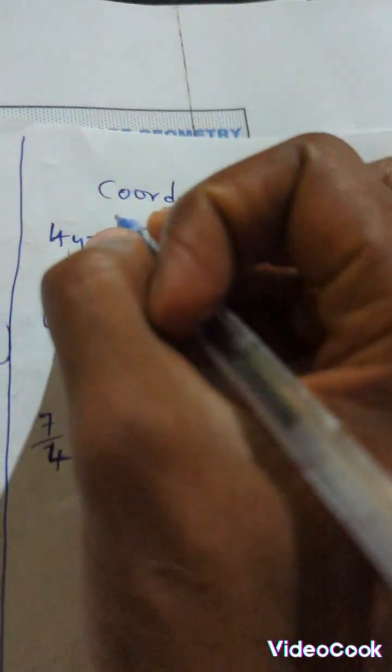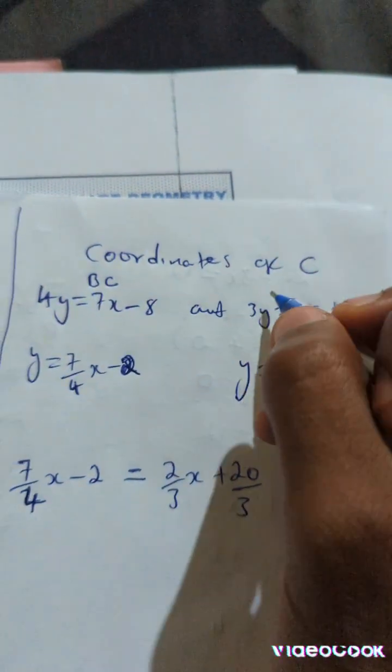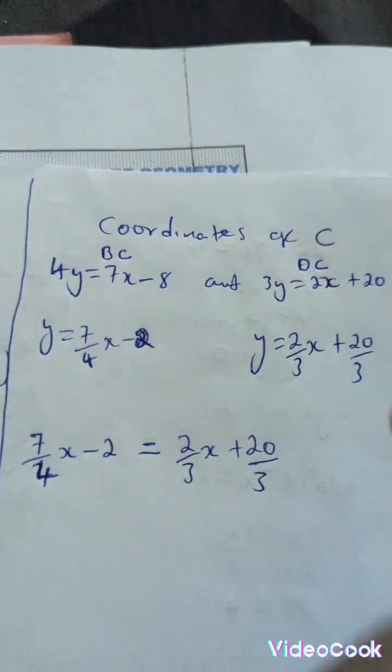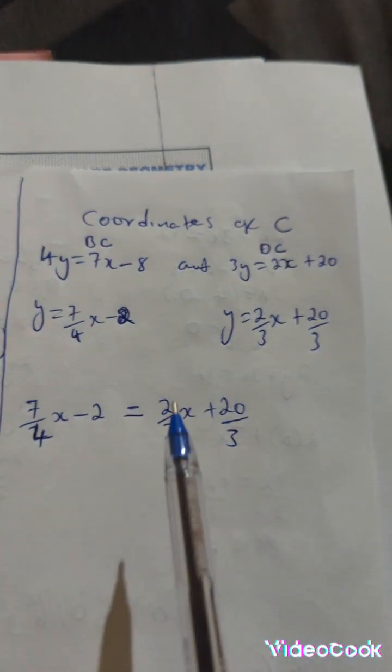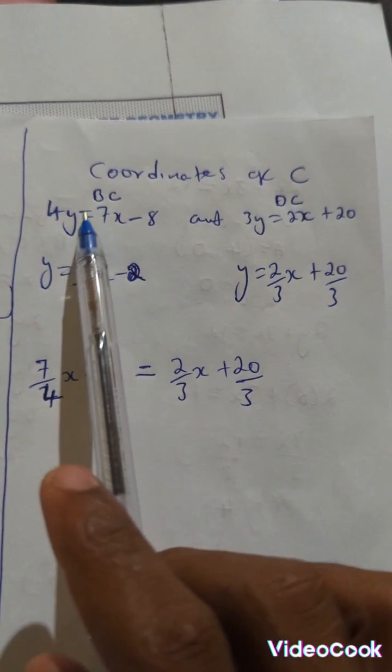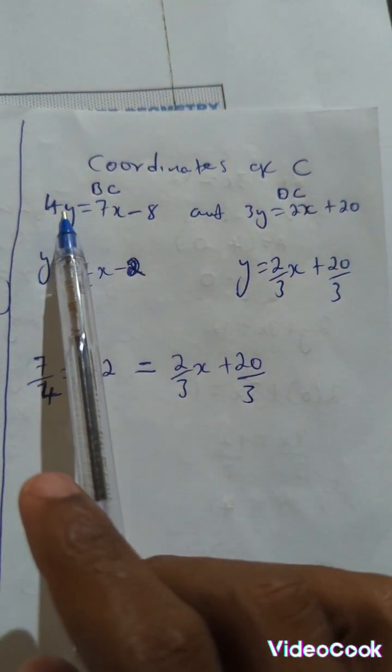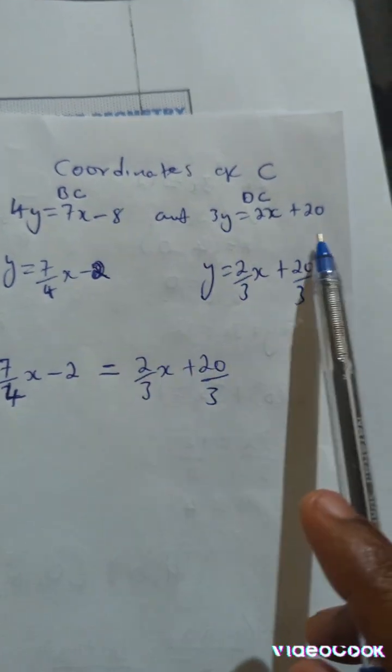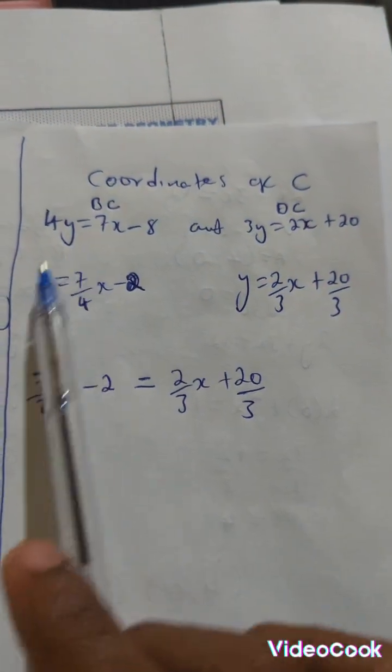This is the equation of BC, then this is the equation of DC, the one that we had found. So now we have to make y the subject of the formula.